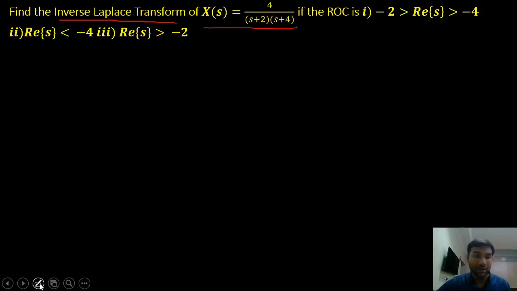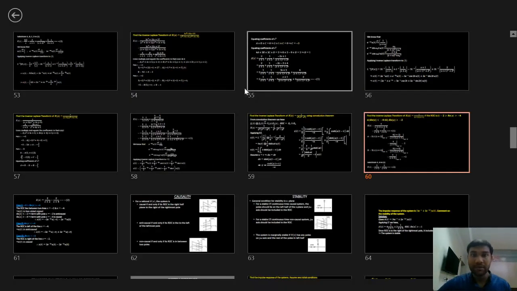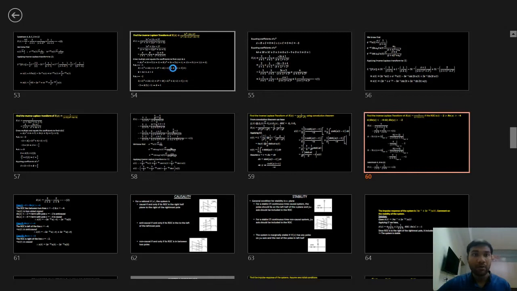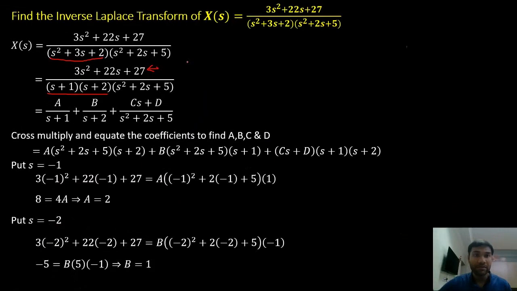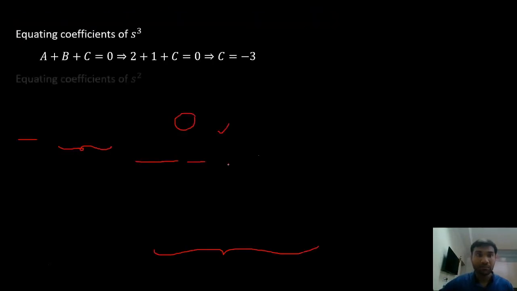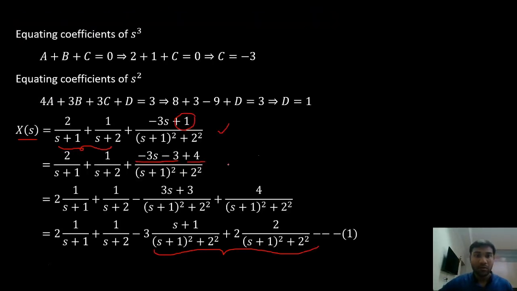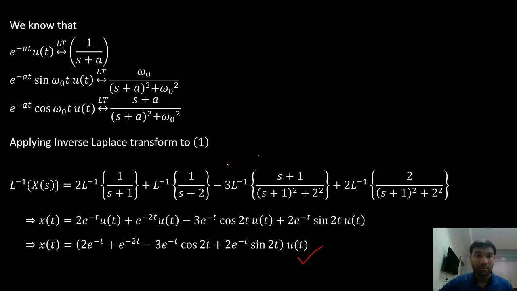In the previous slides, if you look, whatever Laplace transform was given, for that, when we found out the inverse Laplace transform, the result was a causal signal. That is, we assumed our signal is a causal signal, right?